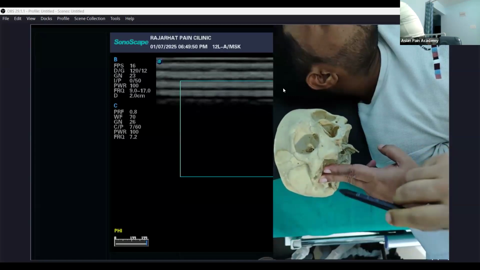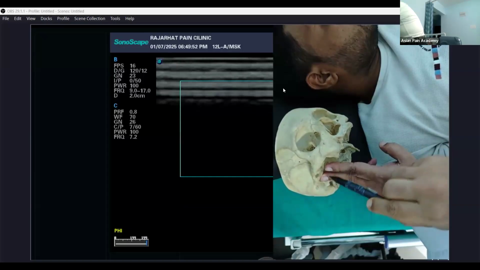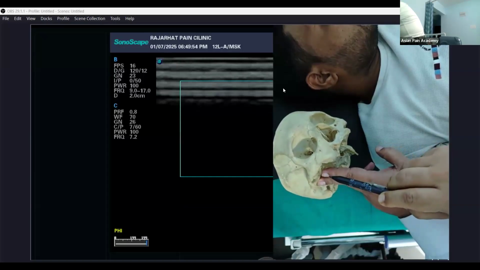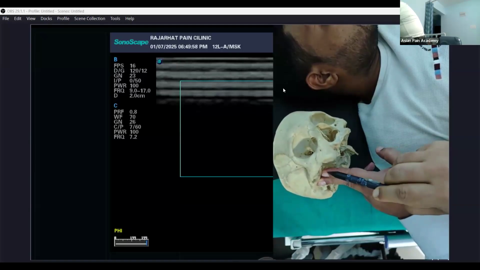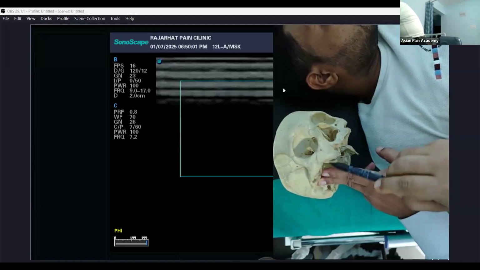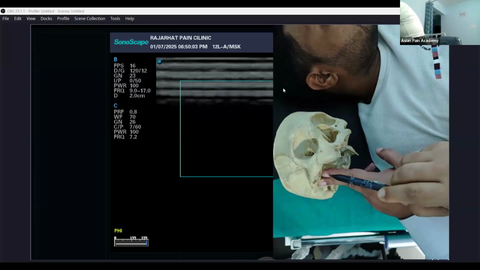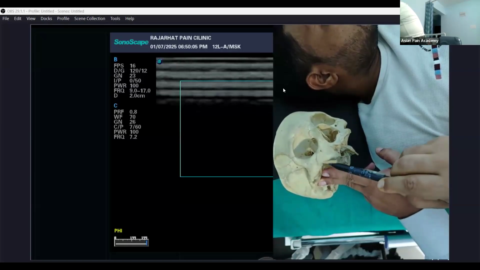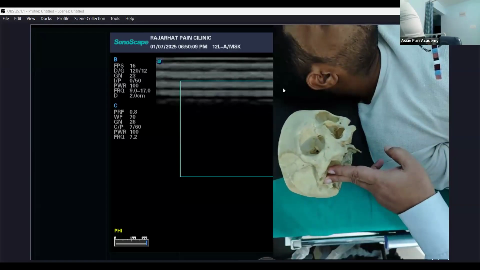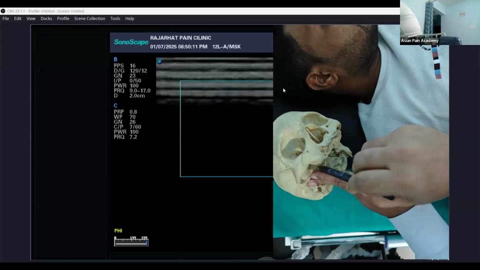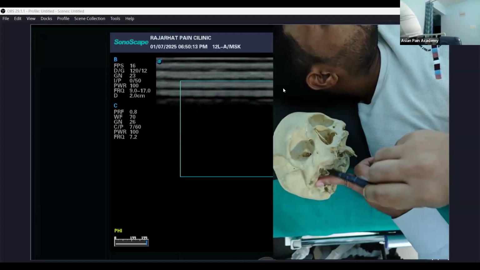Our aim sometimes is to see between these two, and sometimes between these two. We want to see between the coronoid and the maxillary bone so that when the ultrasound beam passes through, we can see the pterygoid plate.